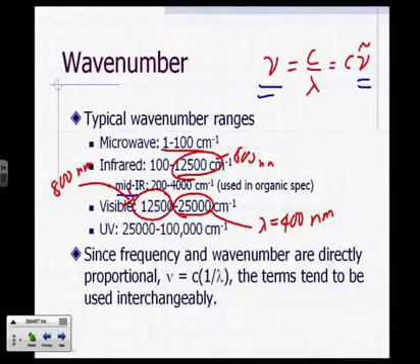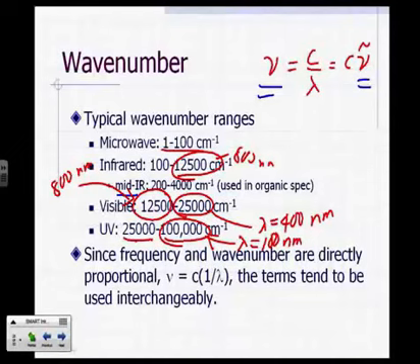And then beyond the violet you have ultraviolet, so 25,000 reciprocal centimeters is for 400 nanometers and beyond. 100,000 reciprocal centimeters, you should be able to easily show, corresponds to a wavelength of about 100 nanometers.